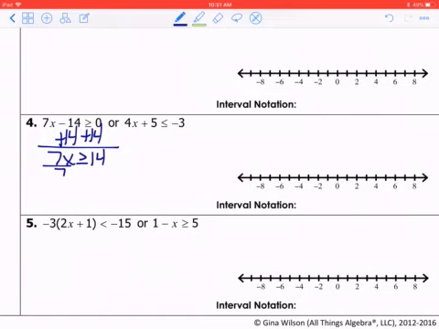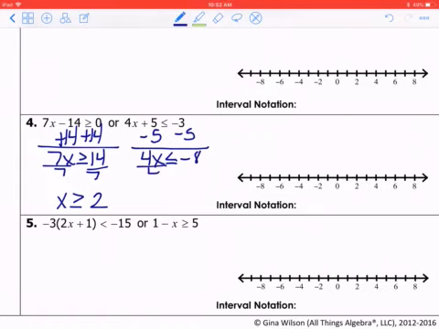We know to divide by 7, and so x is greater than or equal to 2. We need another answer, so I will subtract the 5, and we have 4x is less than or equal to negative 8. Lastly, divide by 4, and so x is less than or equal to negative 2.